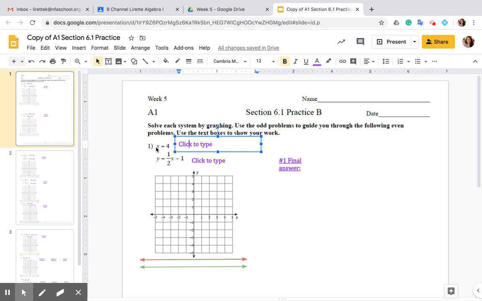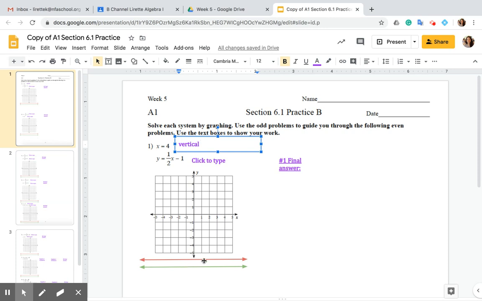If I look at this first equation here, x equals 4, I notice that it doesn't have a y. That's going to be a very special type of line. If it's x equals a number, that is a vertical line. So what that means is that I find the number 4 on the x-axis, because that's the variable that's being used, and I draw a vertical line through it.